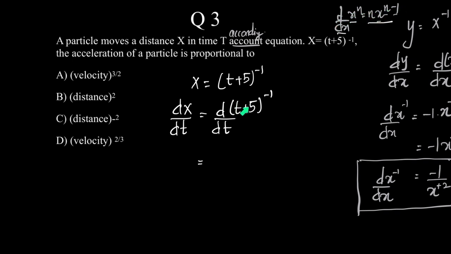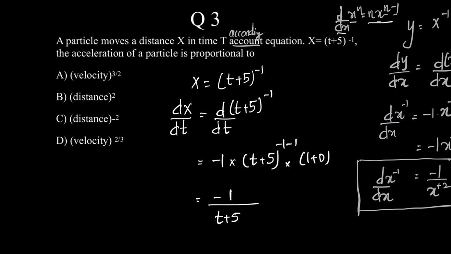Instead of x we have t plus 5 here, instead of n we have minus 1 here. So this will give you minus 1 into t plus 5 the whole raised to minus 2 into d by dt of t plus 5, which is 1 plus 0. So this further becomes minus 1 by t plus 5 the whole square. So dx by dt is equal to minus 1 by t plus 5 the whole square.